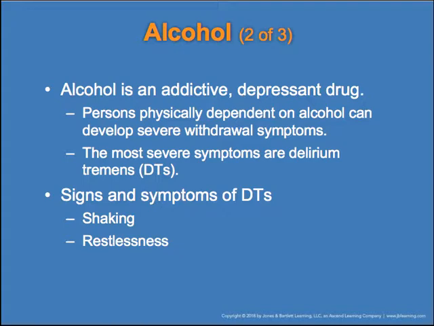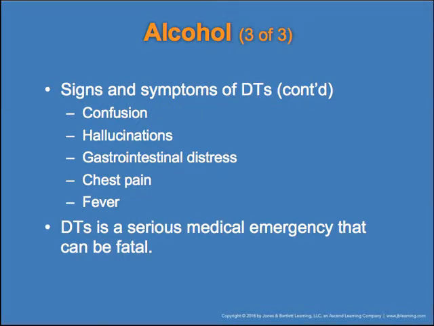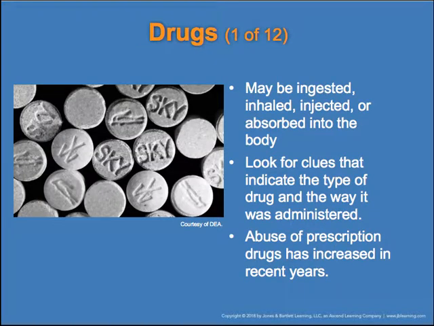Shaking and restlessness are just 2 examples. Other examples: confusion, lethargy, right? We can see patients who are having hallucinations, GI distress, chest pain, fever. It can absolutely be a serious medical emergency, and I will tell you, not only can it be fatal, but I've personally, as a provider, seen it be fatal. It 100% can be a fatal medical emergency.